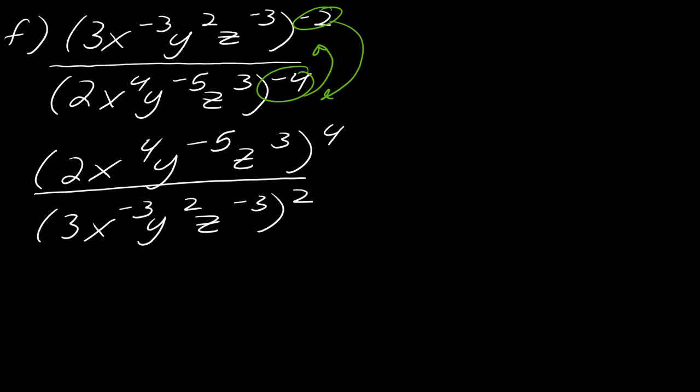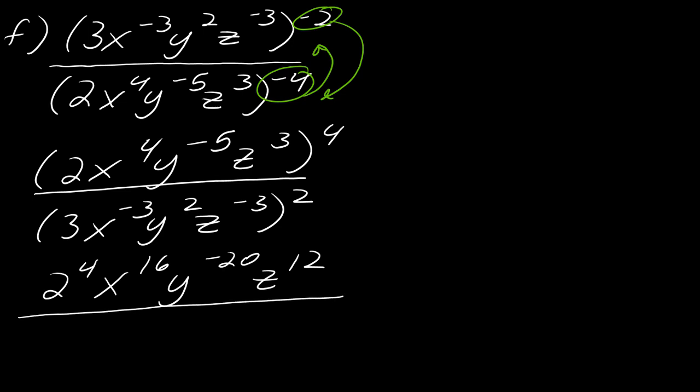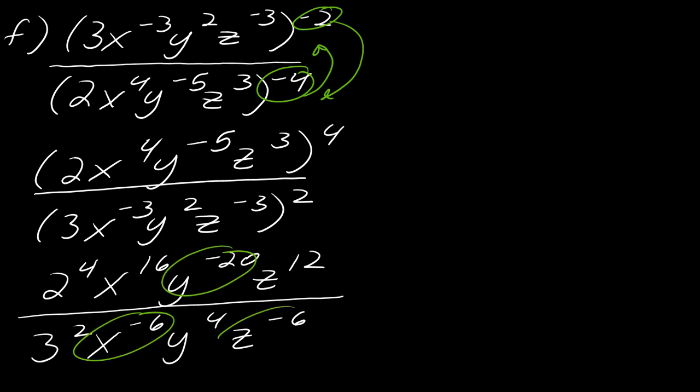So let's see. This is going to be 2 to the 4th. This will be x to the 16th, y to the negative 20, and z to the 12th, over, so this will be 3 squared, x to the negative 6, y to the 4th, and then z to the negative 6. Okay, so now I need to move this, this, and this, flip-flop their positions.